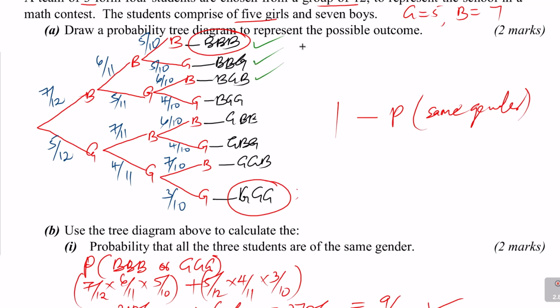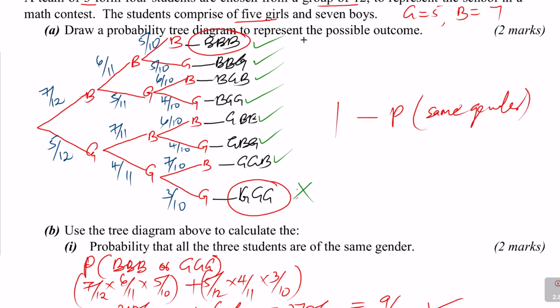We require this one, we have a girl. We require this one, we have 2 girls. Only maximum of 2 girls. Then here we have 1 girl, we require that, 2 girls, we require that. The only place where we will rule out is where we have 3 girls, because at most 2 means either you have 0 girls, 1 or 2.